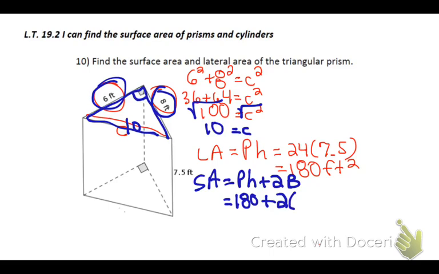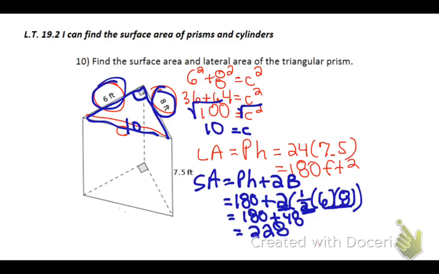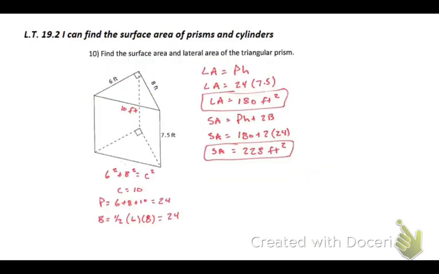So 1/2 times 6 times 8. Multiply all that together: 48 divided by 2 is 24. 24 times 2 is 48. So we're going to add those 2 together, and that should be 228, and that's square feet. All right, let's see if this person got the same. Yep, 228.